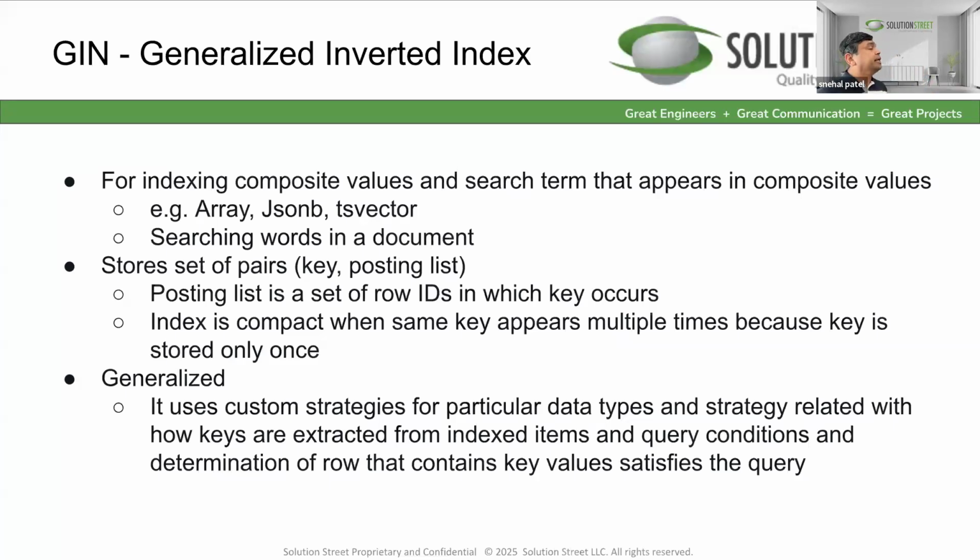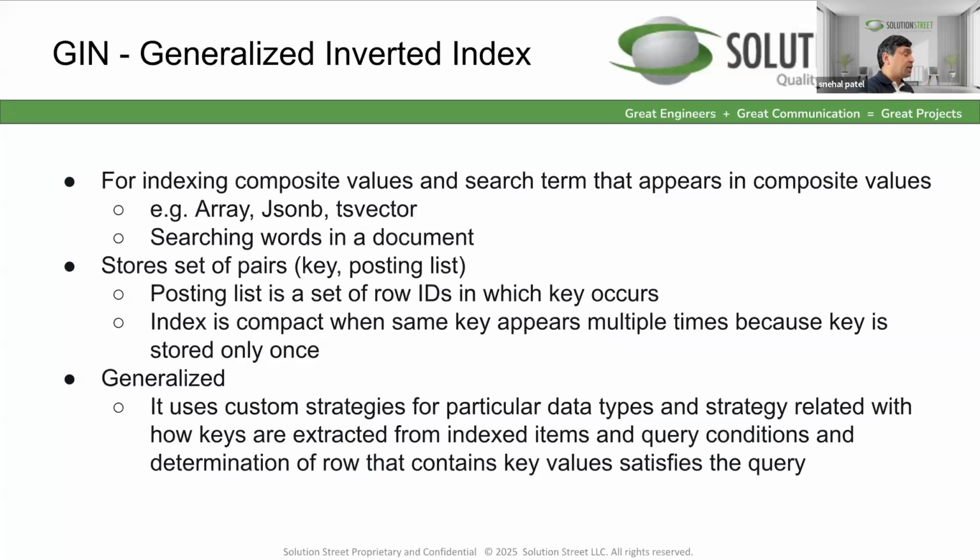The generalized inverted index can be thought of as the index at the end of a book, where a keyword is mentioned along with the pages where that keyword appears. That's how it works in case of full text search, where the actual document does not go into the index, only the lexemes from the tsvector land in the inverted index. It is generalized because it needs to be implemented separately based on the data type.